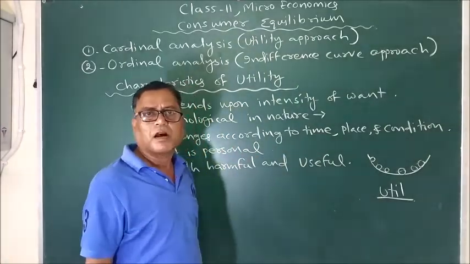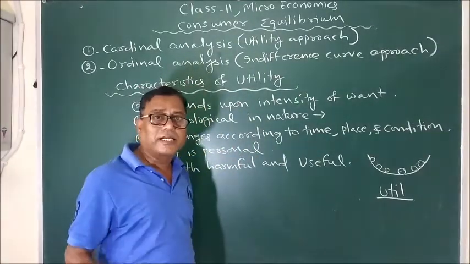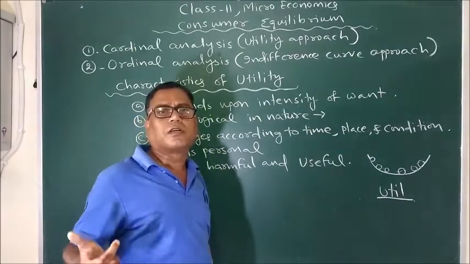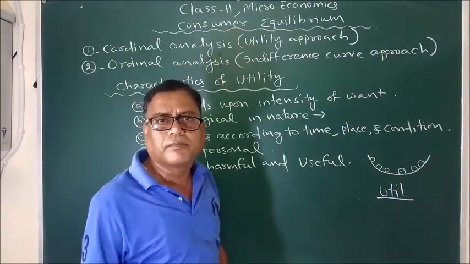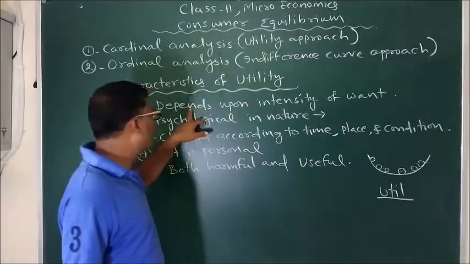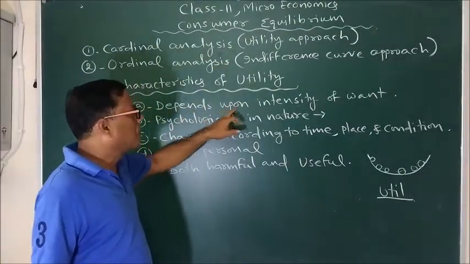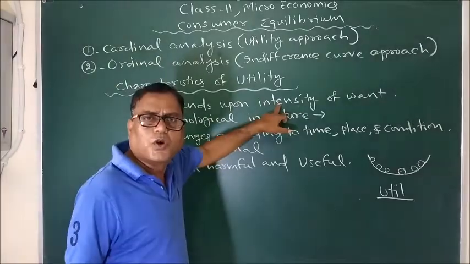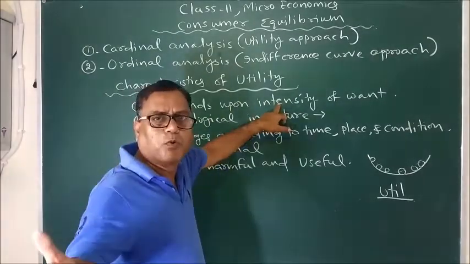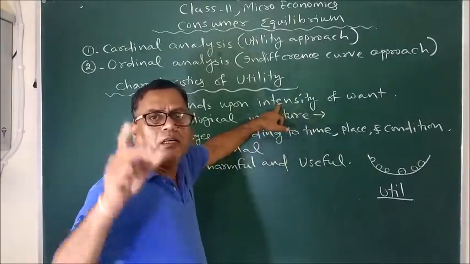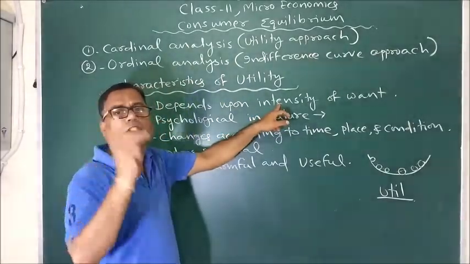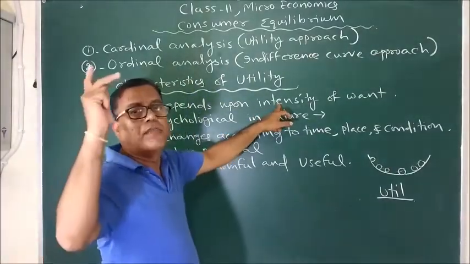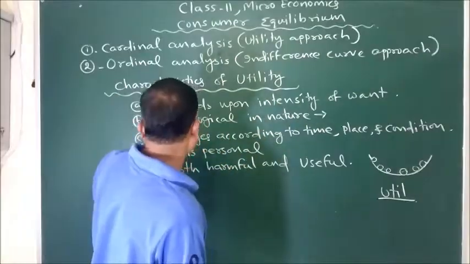For example, a hungry person may derive more satisfaction from the consumption of a banana than a person who is not feeling hungry. So, higher is the intensity of want, higher would be the want satisfying power or utility or satisfaction the consumer is going to derive from the consumption of that good or service.